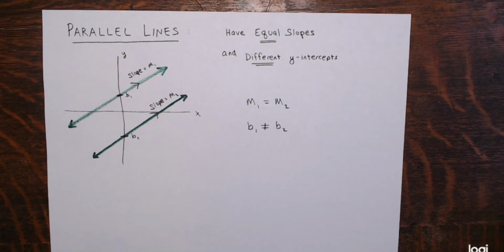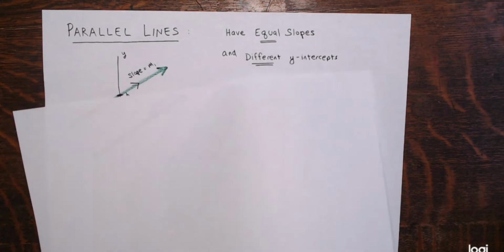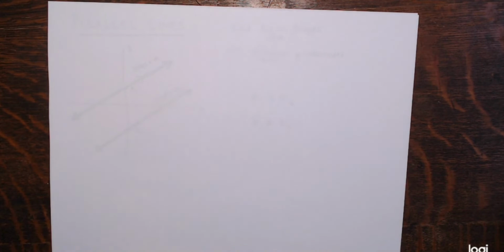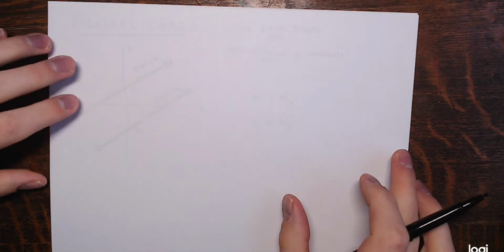Okay. So the key is going to be slopes. Now, perpendicular lines, a little different.